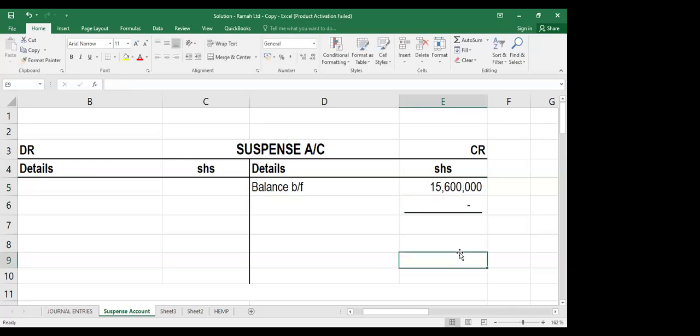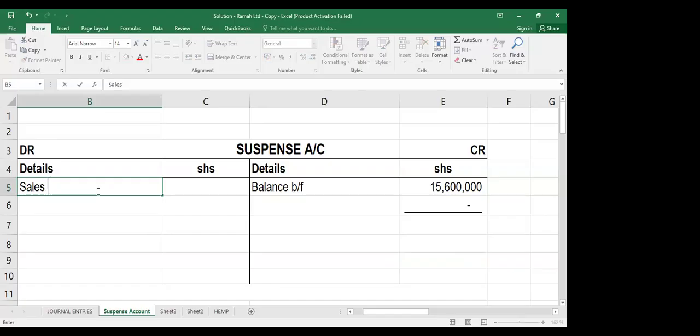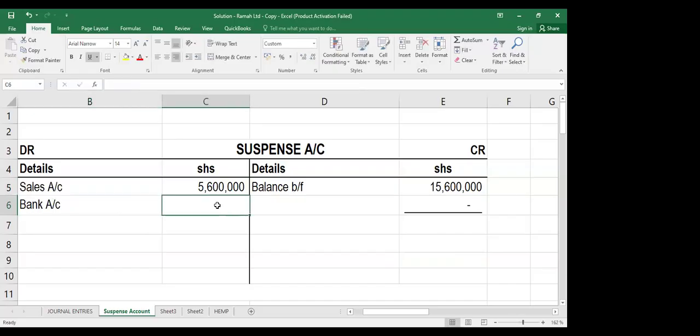Now we want to take out this 15.6. We don't want anything to do with it because we need our books clean and clear. So we shall come to our debit side. $5.6. Then also bank account, 10 million.